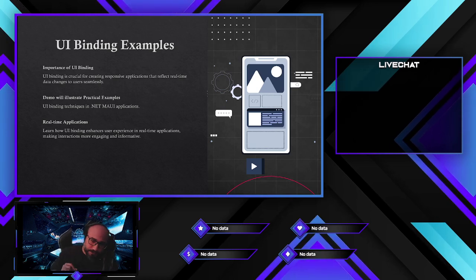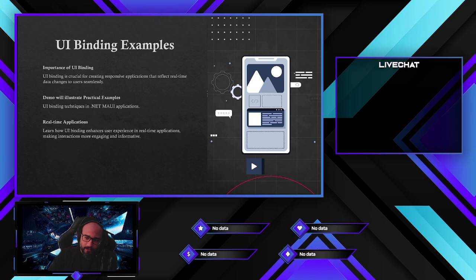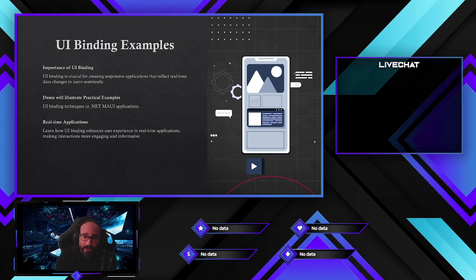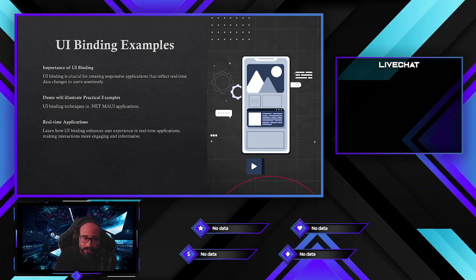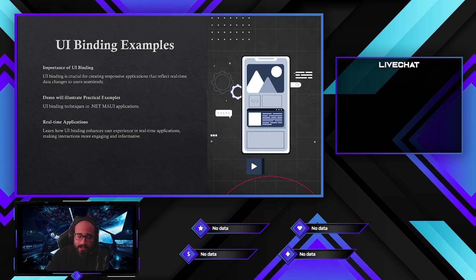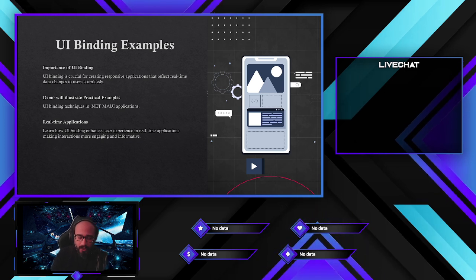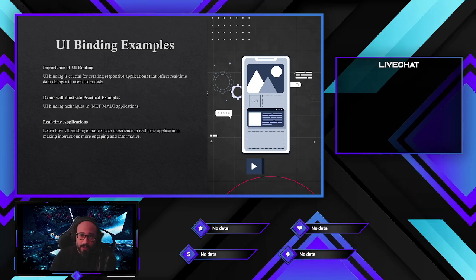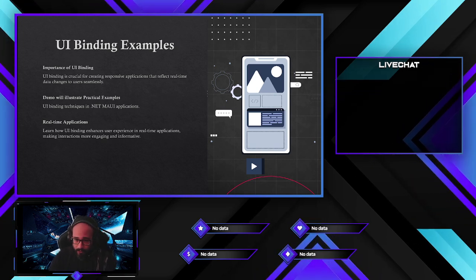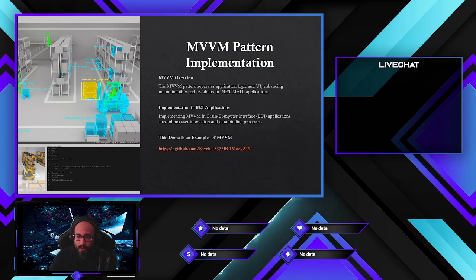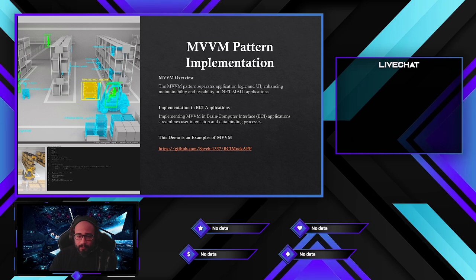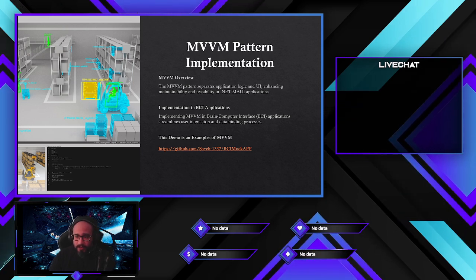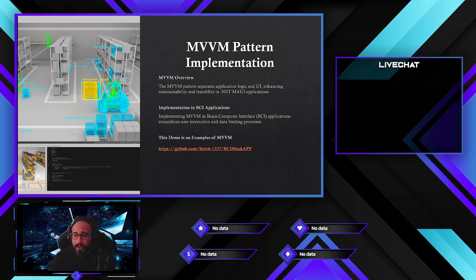Okay, so binding the user interface elements with the data stream is essential in applications like real-time BCI applications. In our demo, we will show you how this binding comes from the model view to the view, and from the view to the model view. This is a design pattern we talked about, and we will take care of it.